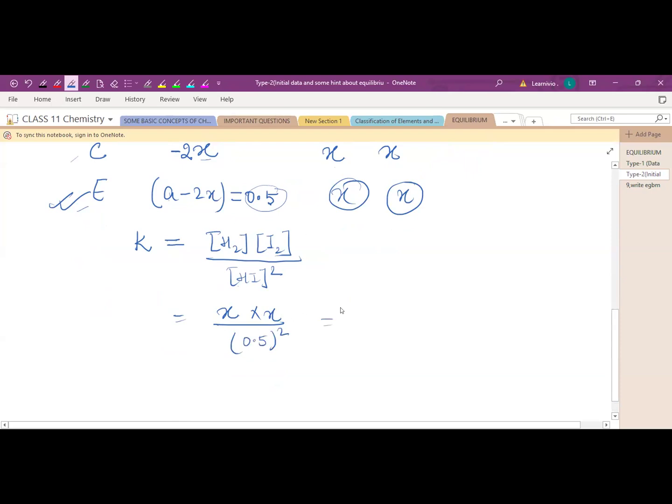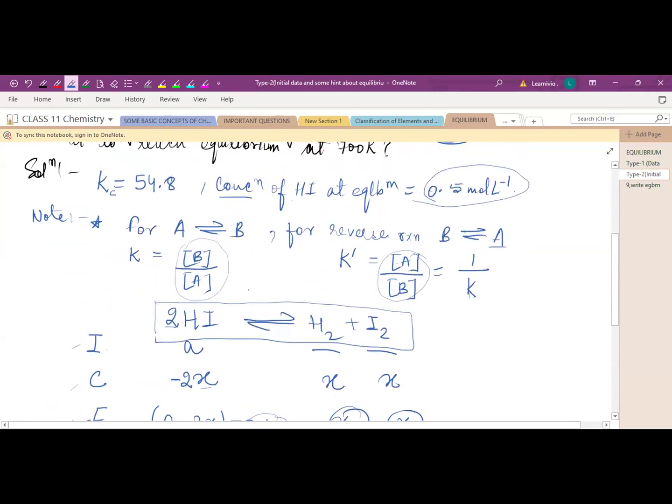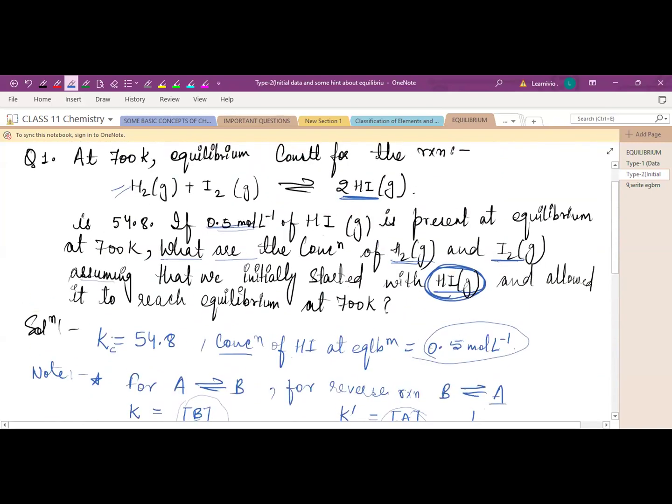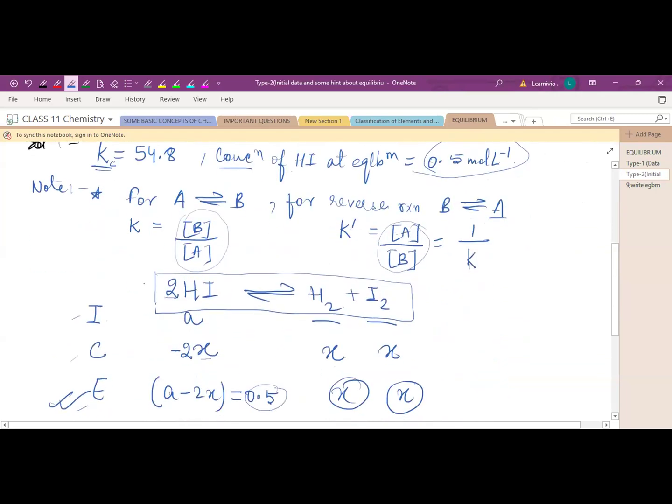Now just solve this. One more thing, what is the value of K? This Kc value of 54.8 is the equilibrium constant for the forward reaction. But according to the question, we have assumed this reaction as a reverse reaction.